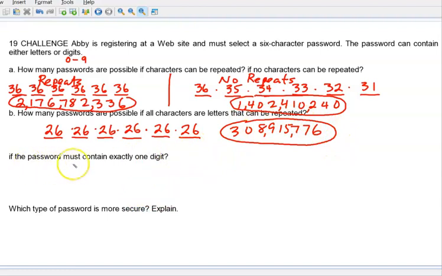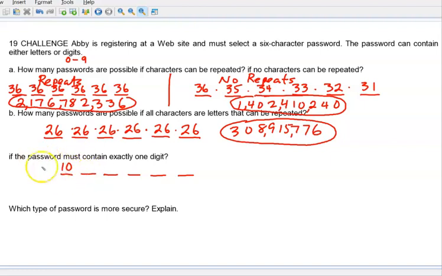All right, if the password must contain exactly 1 digit. Okay, so we've got these 6 characters, 1 digit. Let's pretend, for example, that digit is the first character.